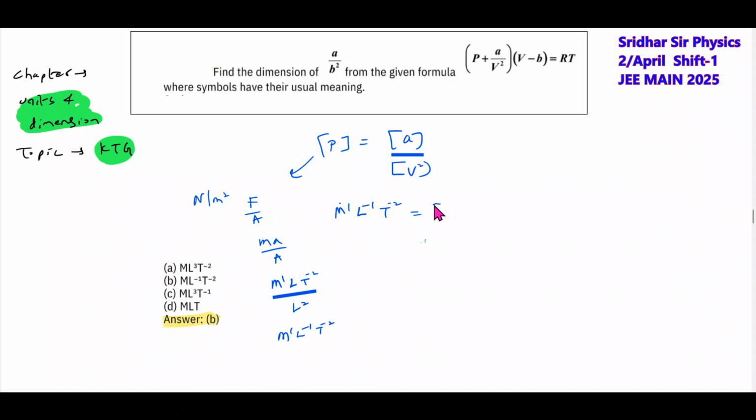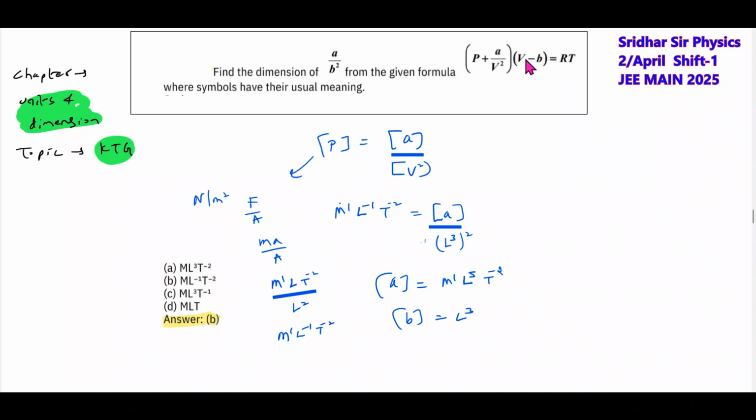This should be equal to the dimensions of a by volume square, and volume square will be L cube square. So the dimensions of a will be M1 L to the power of 5 T minus 2. The dimensions of b will be L cube, because it is a volume.